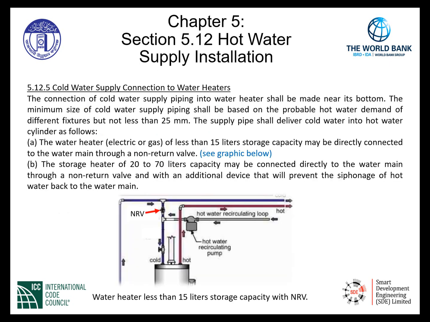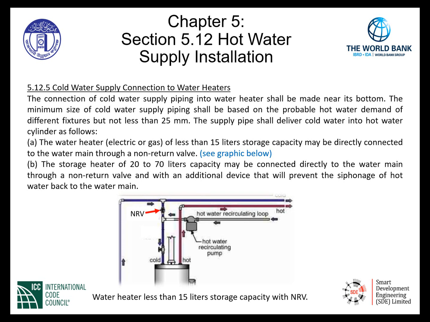Section 5.12.5, cold water supply connection to water heaters. The connection of cold water supply piping into a water heater shall be made near its bottom. The minimum size of cold water supply piping shall be based on the probable hot water demand of different fixtures, but not less than 25 millimeters.